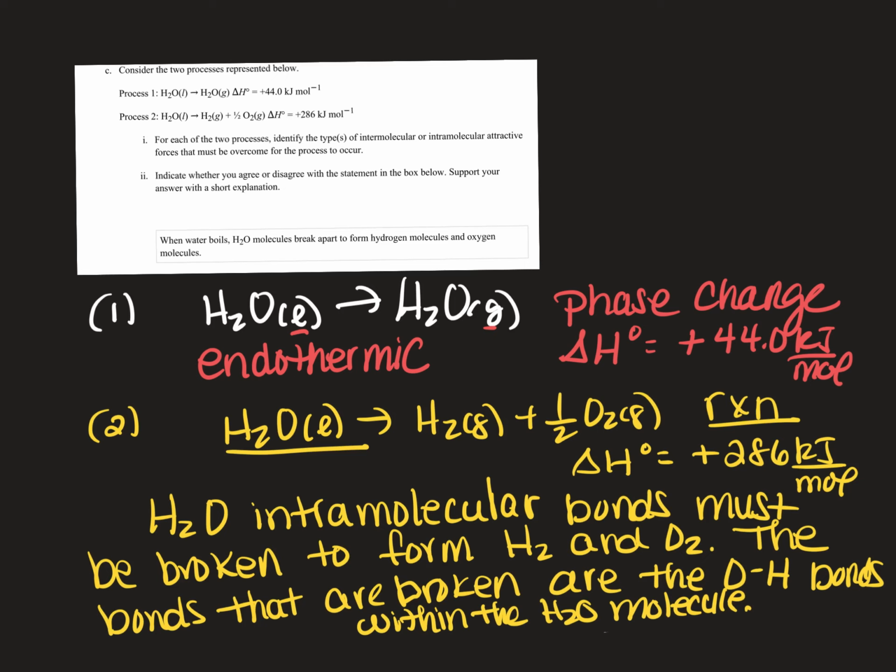So when I look at question little i, it says 1 point is earned for identifying the type of intermolecular force in process 1. So in process 1, hydrogen bonds in liquid water are overcome to produce distinct water molecules in the vapor phase. In number 2, 1 point is earned for identifying the type of intramolecular force.